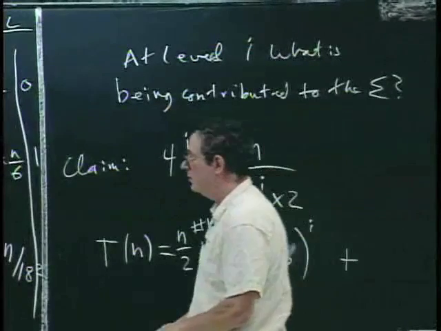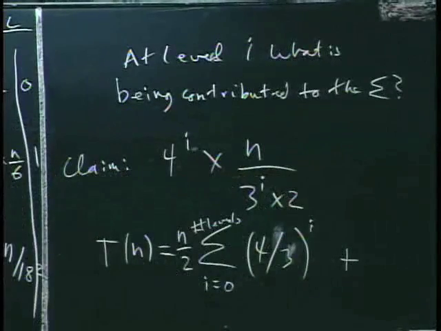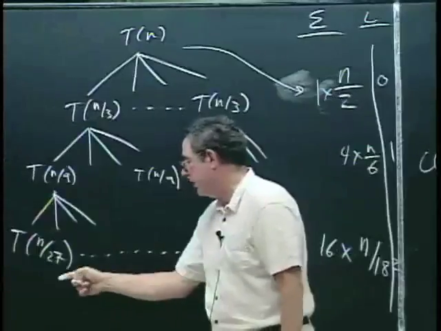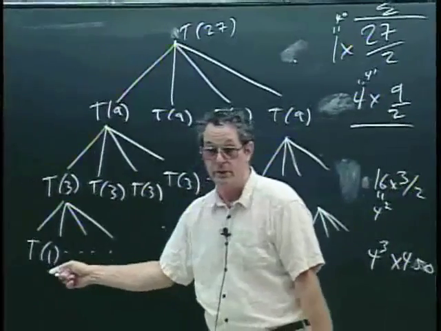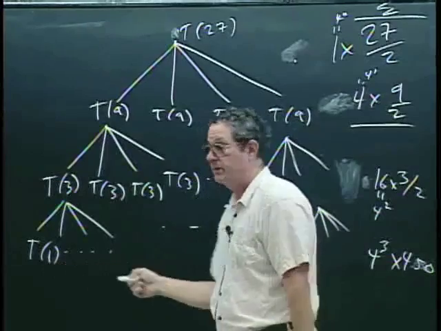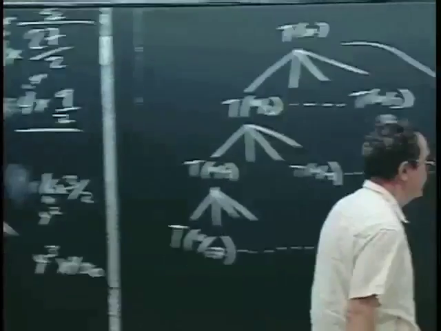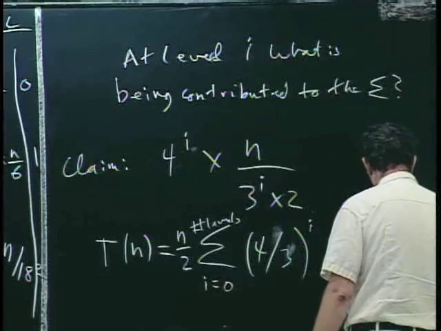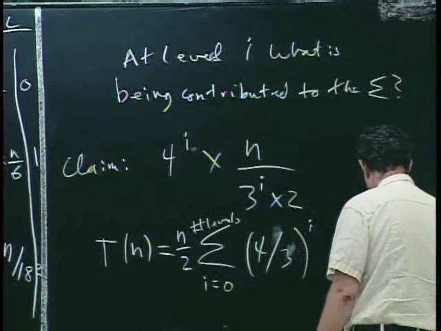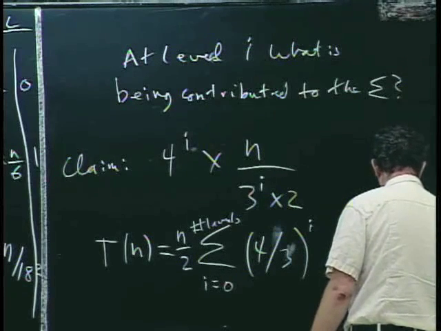So we want to know how many T1s we have, okay? We're going to have 450 times the number of T1s.